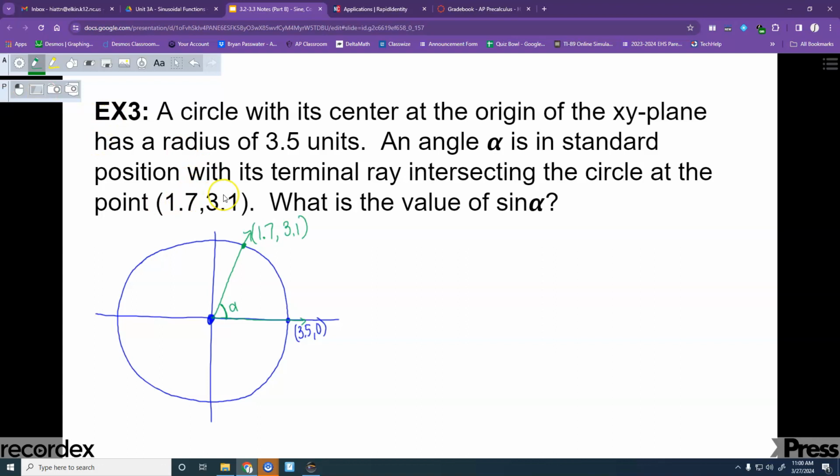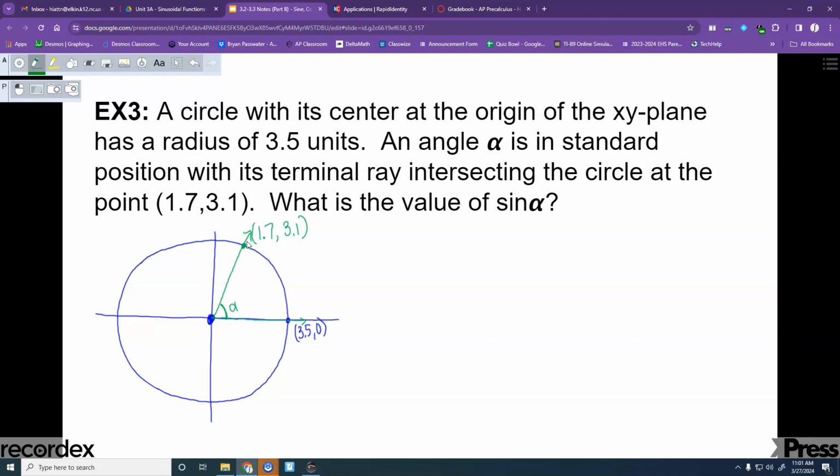Since both coordinates are positive, we know it's in the first quadrant. I'm estimating, okay. But since 1.7 is smaller than 3.1, I didn't go quite as far over as I went up. So that's my estimate of where it is at. It is definitely in the first quadrant. It definitely is somewhere over on this side of your halfway point right there. So it's in this vicinity, but that's just an educated guess.